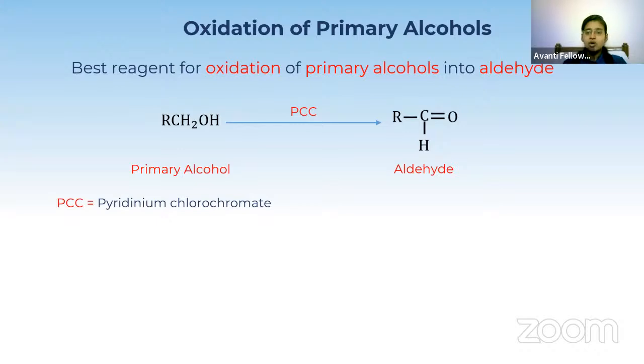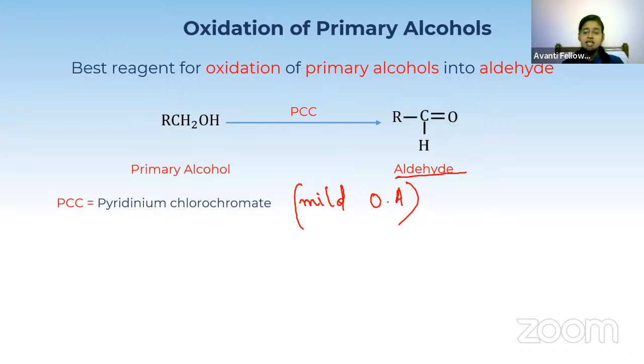This PCC is a mild oxidizing agent. Why am I calling it a mild oxidizing agent? Because the reaction stops at the formation of the aldehyde. Aldehyde can also be further oxidized, and that leads to the formation of carboxylic acid.